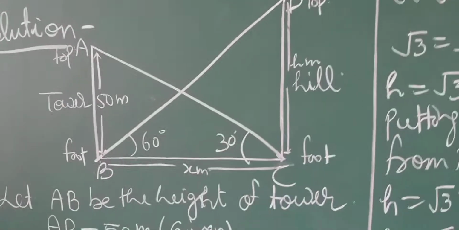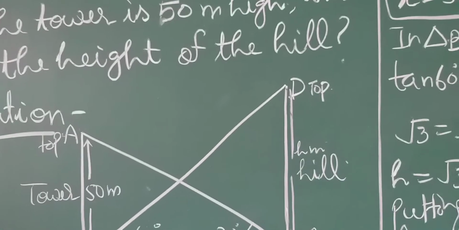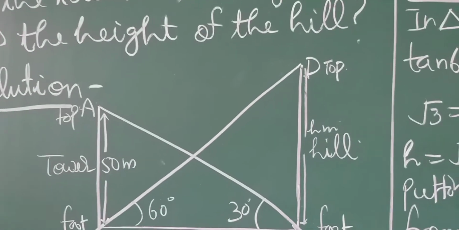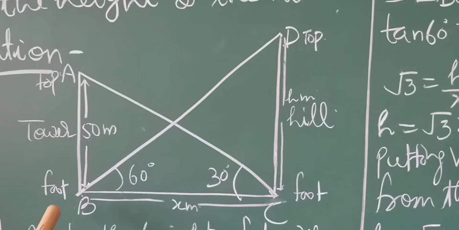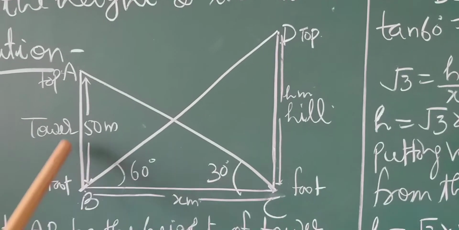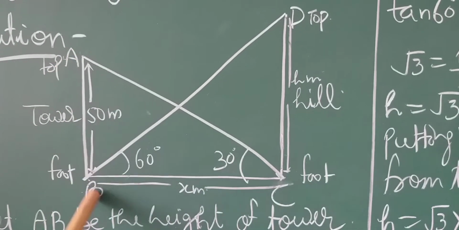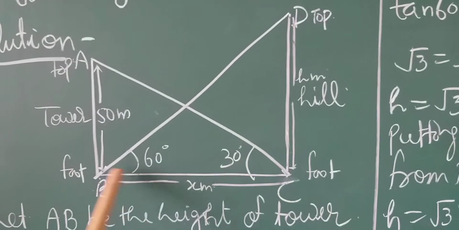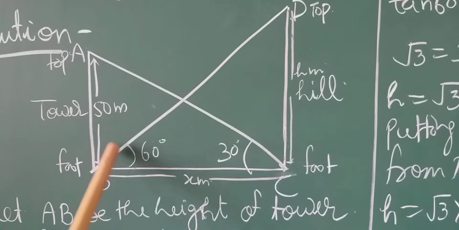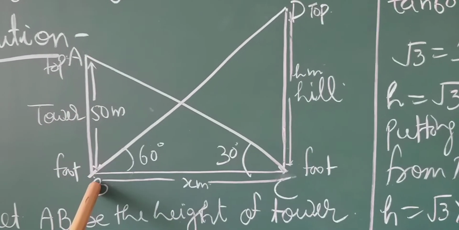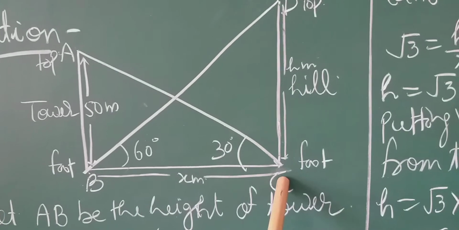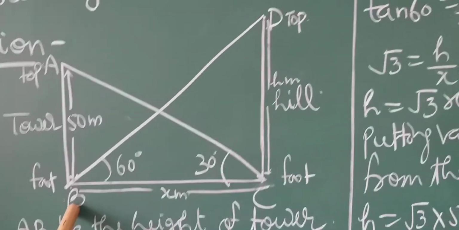Correct? Now students, to solve the questions, we have to take a right angle triangle. So we are going to take first triangle ABC, in which angle B is 90 degrees and the perpendicular is given to us. Let us find the base by using tan theta.